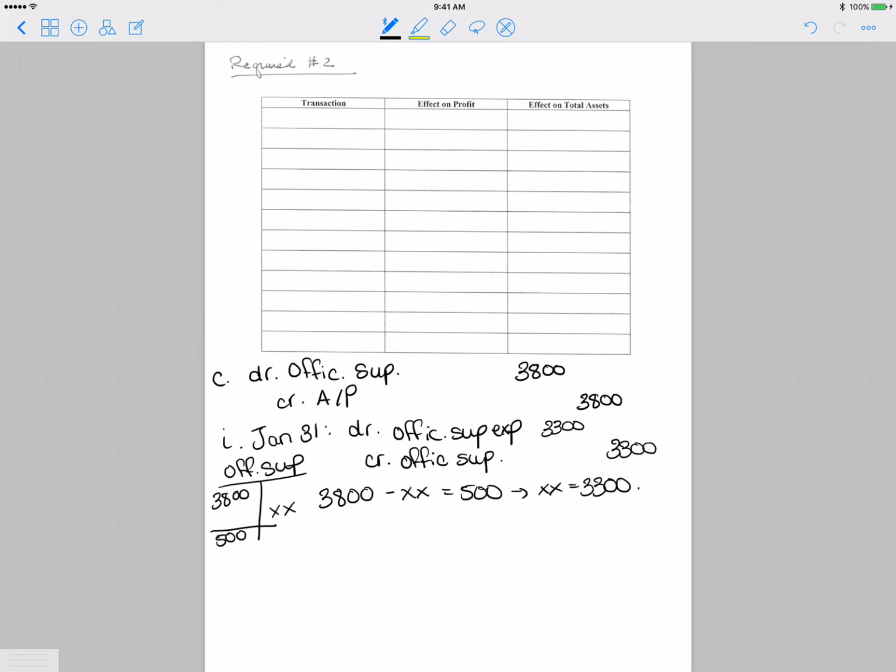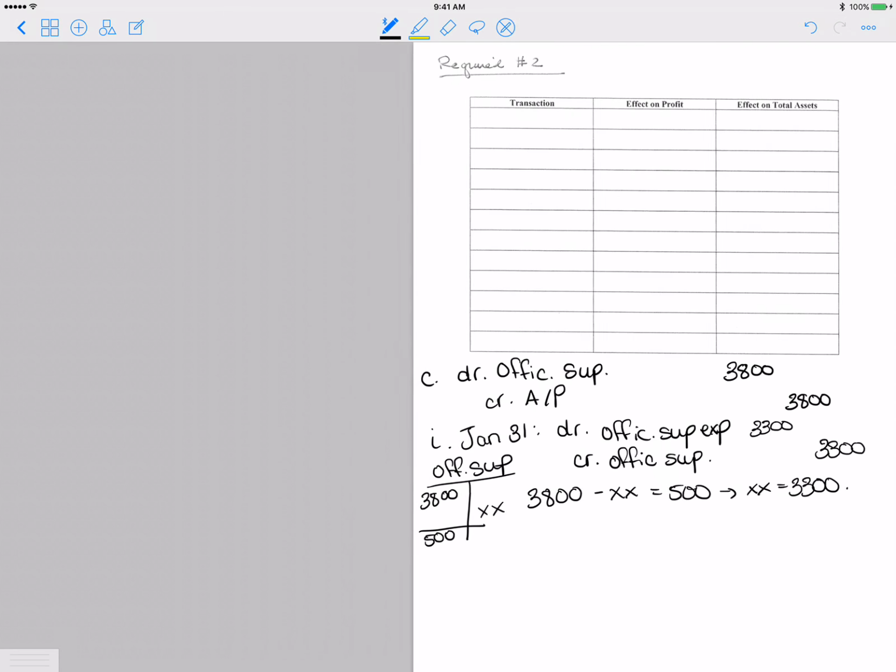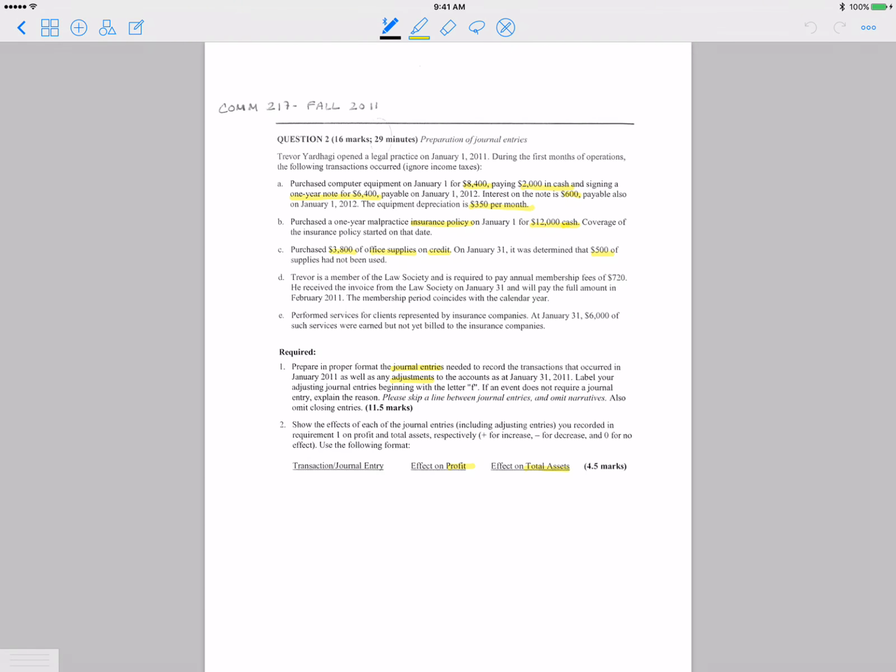Now, for the next part, let's move on to part number D. He's a member of a law society and he needs to pay an annual membership fee of $720. He received the invoice, but he's only going to pay it in February.